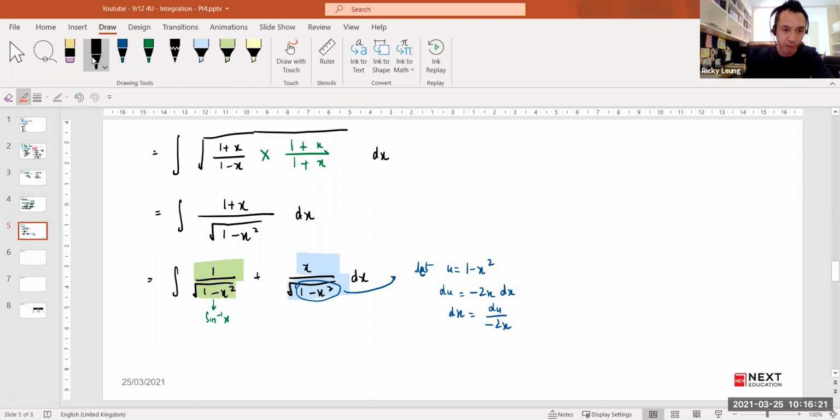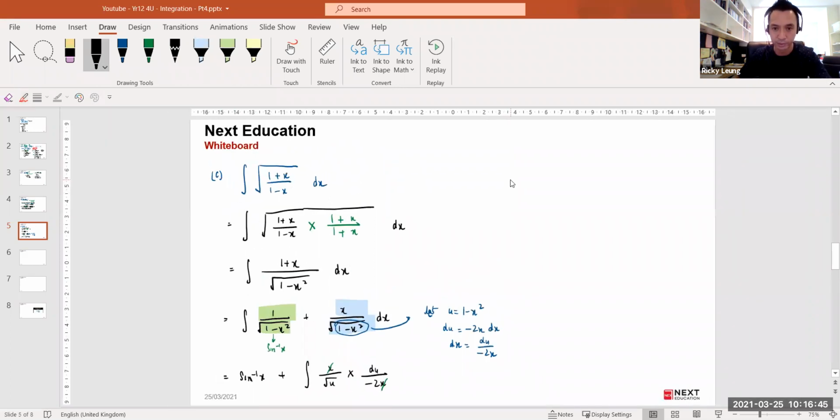So what I'm going to do, I'm going to basically go equal to sine inverse of x plus, in this case, I'll split the integral here. That's x on root u multiplied by du on negative 2x, right? Hopefully you guys are okay. The x goes away.